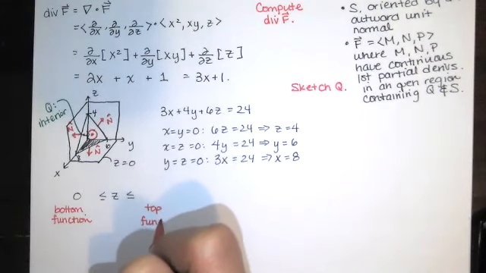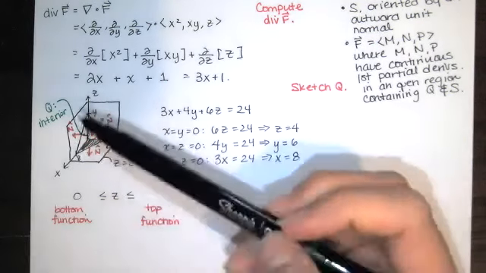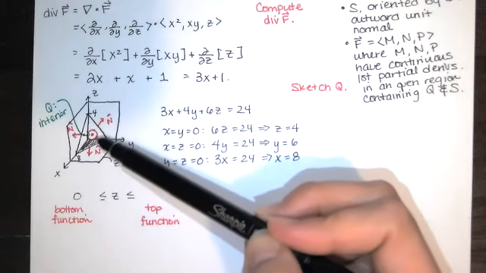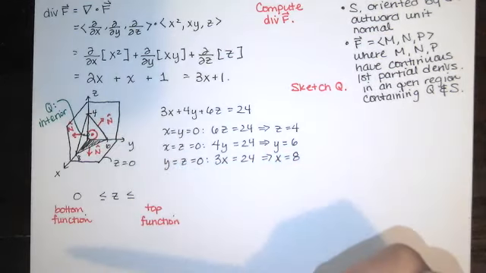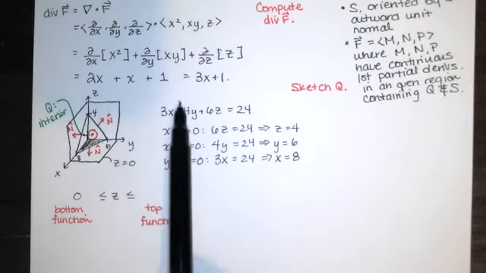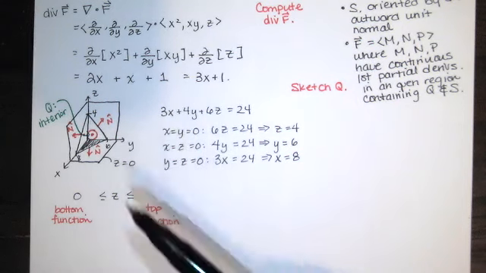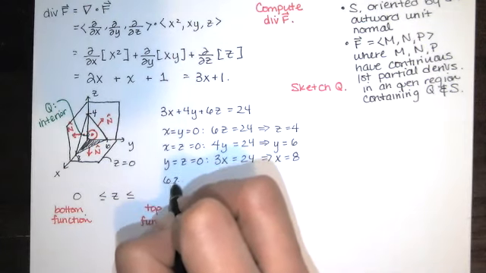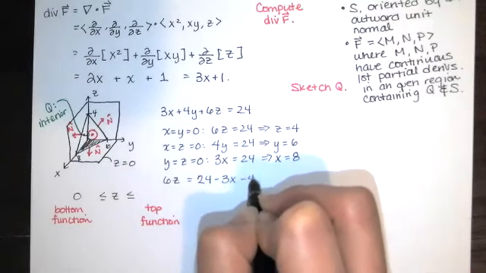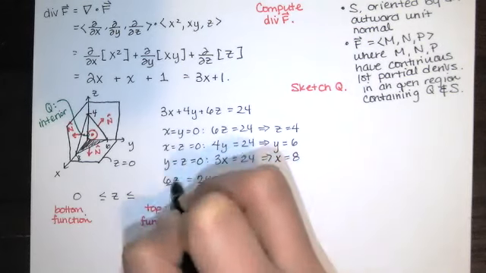And then we want Z to go to a top function. I think we can all see that if we're talking about this little solid region in here, the top function is this plane, this one that's closest to us with the normal vector pointing straight out at us. And that's given by this equation. In order to write this as a bound for Z though, I need to solve this equation for Z. So we will subtract the 3x and the 4y from both sides, and we'll divide both sides by 6.